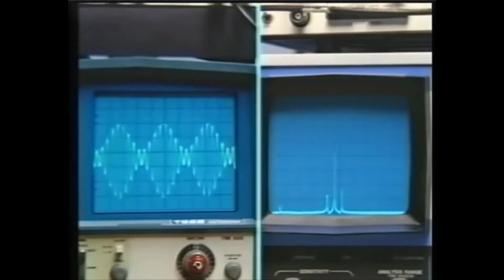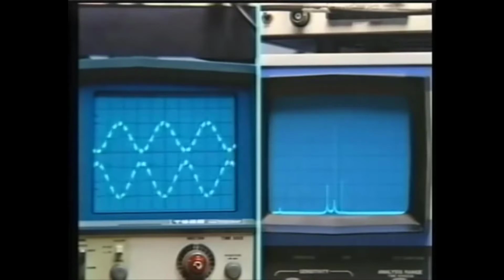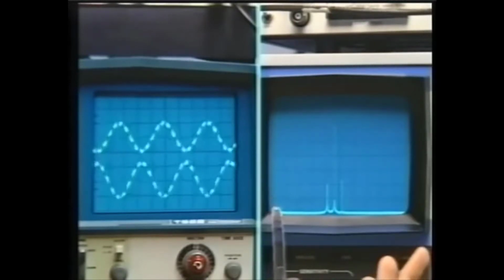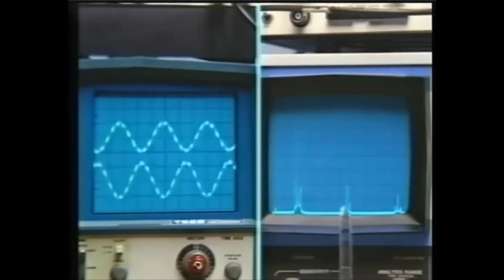Let me change the carrier signal from a sine wave to a square wave. Now, you haven't seen any change on this particular display, but let me change the frequency scale, and what you see now is the modulating signal showing up around harmonics associated with the carrier. And those harmonics will go away when we go back to a sinusoidal carrier.